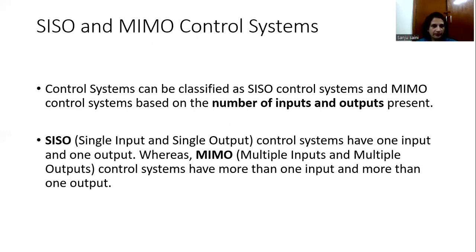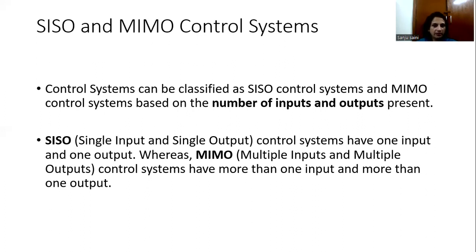So those are called the SISO systems. And sometimes we have to control a number of variables or a number of things at the same time, like within an industry.